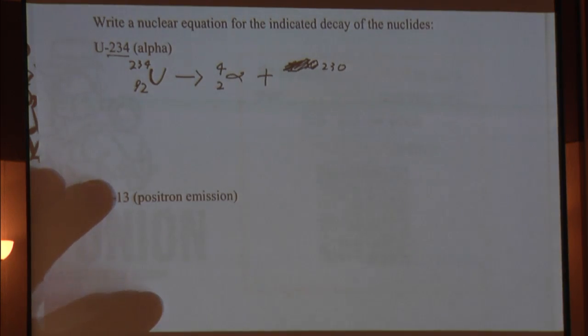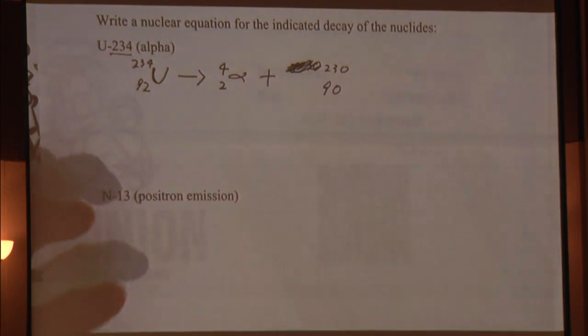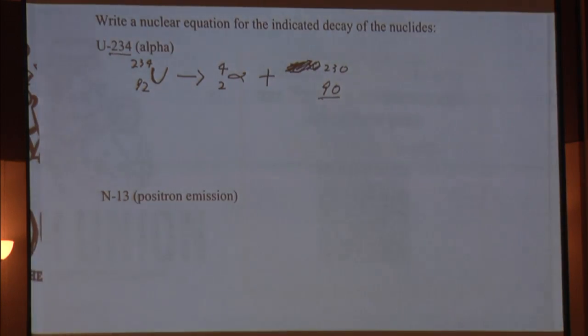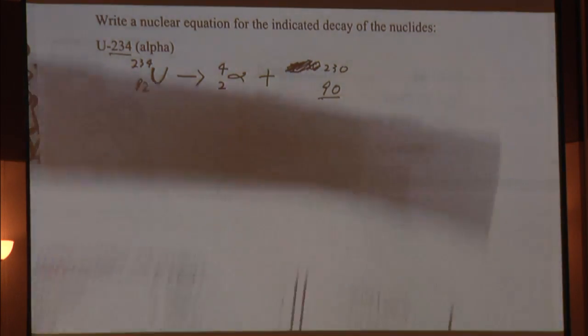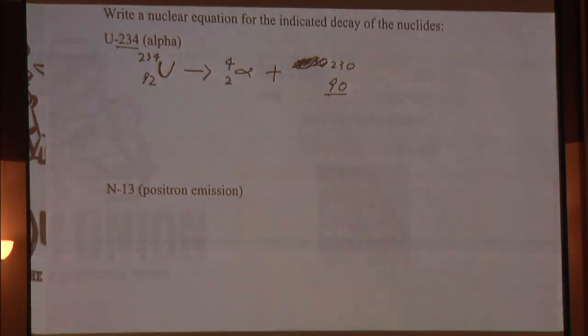Then we need to subtract 2 from 92, which is 90. And this is our atomic number right here, so that can help us find our symbol. So here, we have an atomic number of 90, so our symbol is Th for thorium.